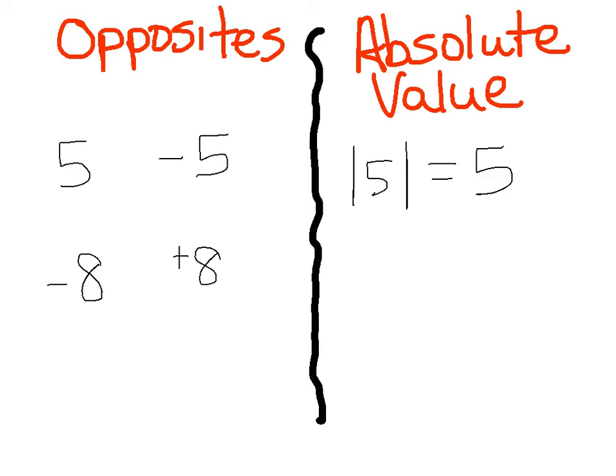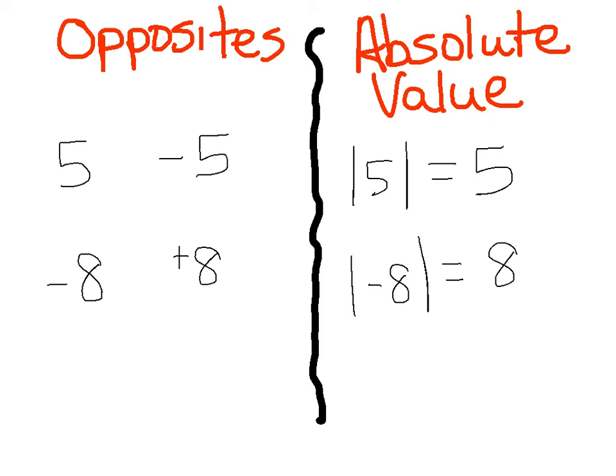If I wanted to find the absolute value of negative 8, that means on a number line, how far is negative 8 away from 0? And the distance is positive 8. You can never have a negative distance, which means you can never have an absolute value that's a negative answer.